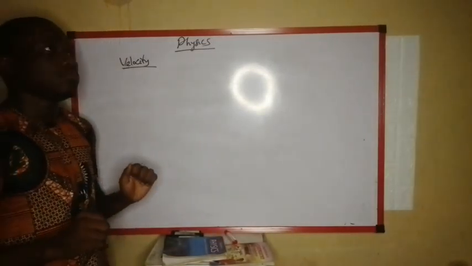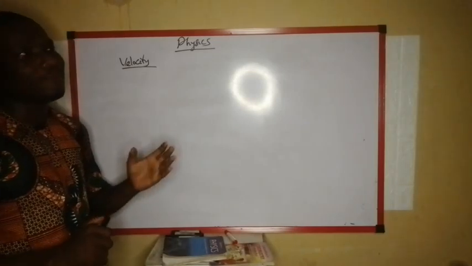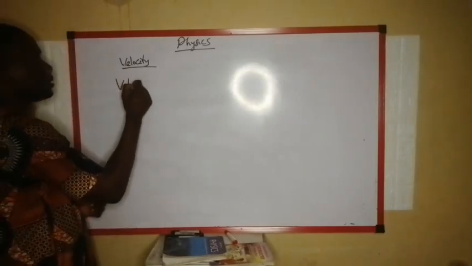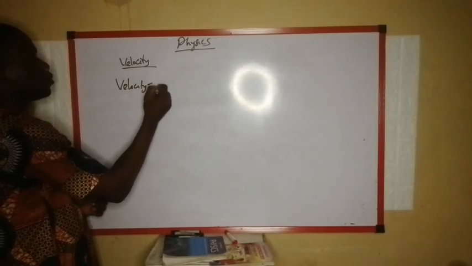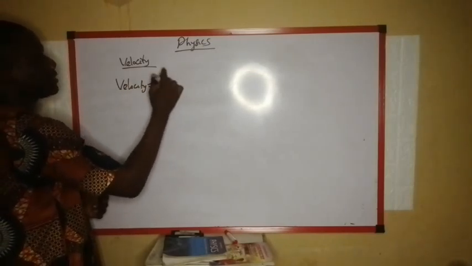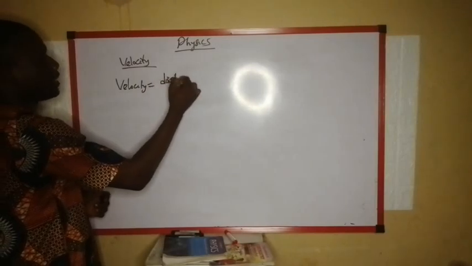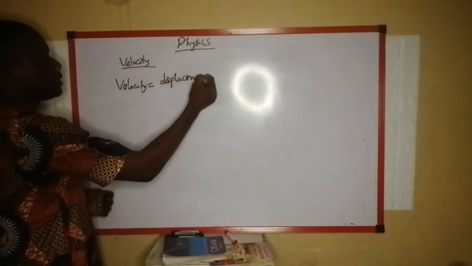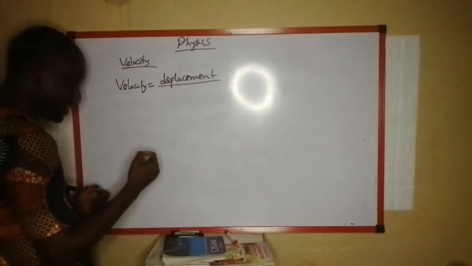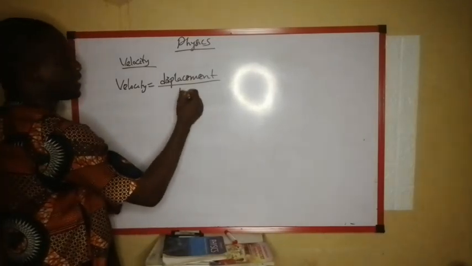Now, the formula for velocity is equal to total distance, we can call it total distance, or call it displacement. So we don't say velocity is distance over time. No, we call it displacement over time.